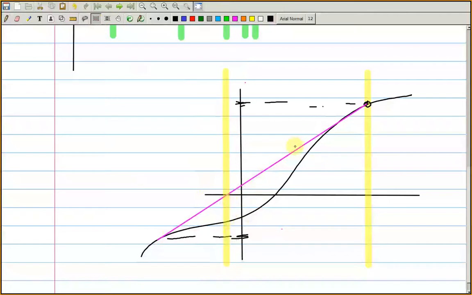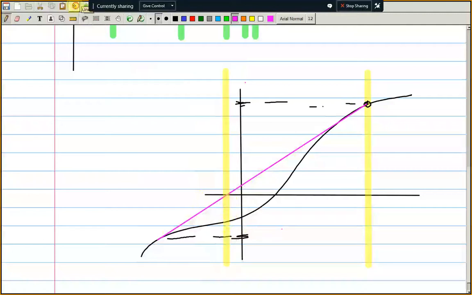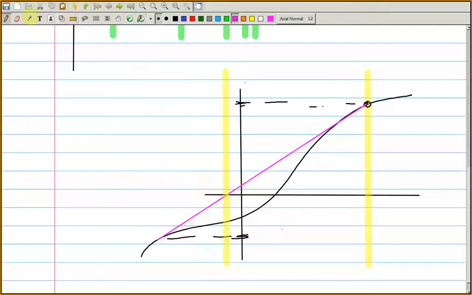So we now make this value the negative, and that value is still the positive. Sorry about that. So this value is the negative right here.